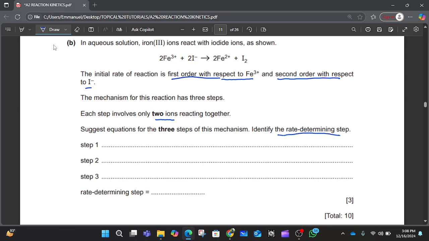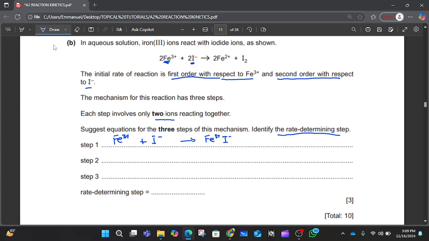When you have a question like this, the first thing to do is to react the two reacting ions together. And so we have Fe3+ and I-. And this should give us an intermediate. The intermediate is going to look like Fe3+ I- intermediate, but we can't have this.